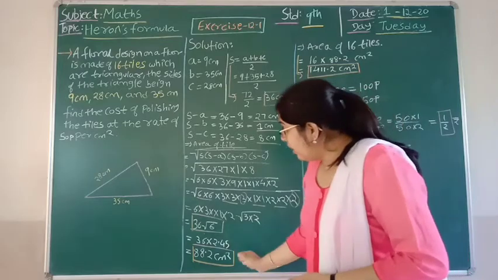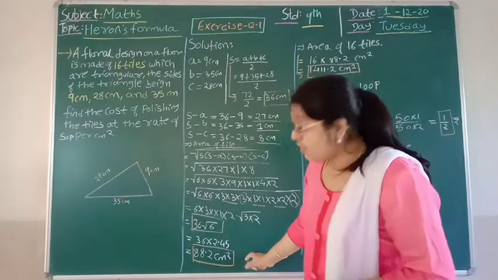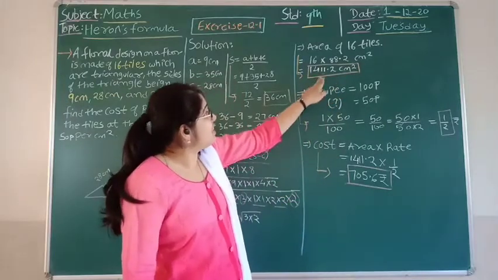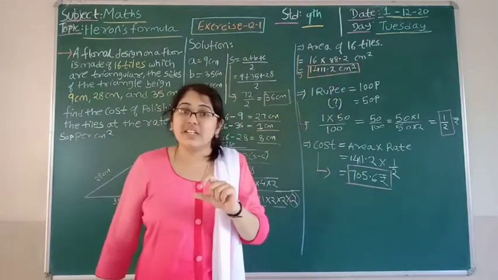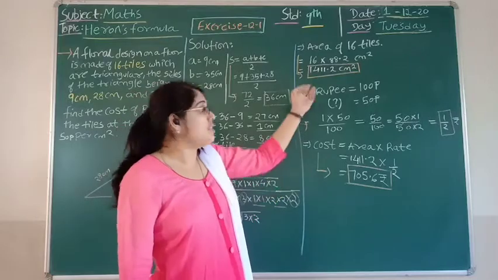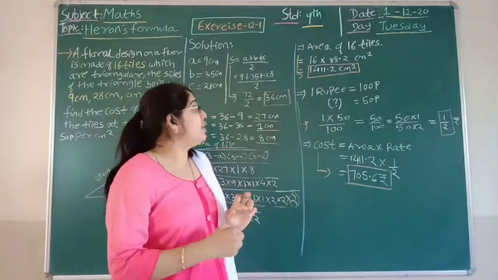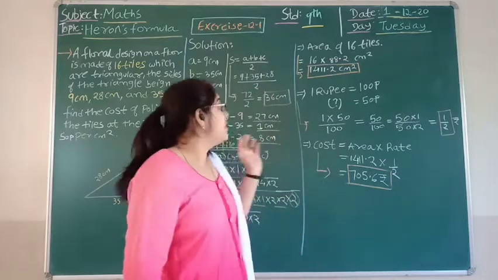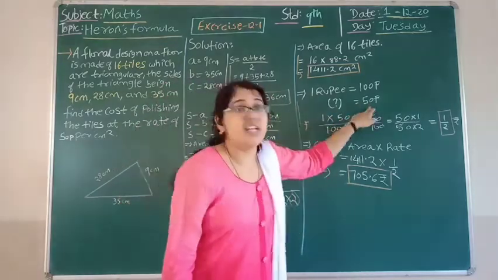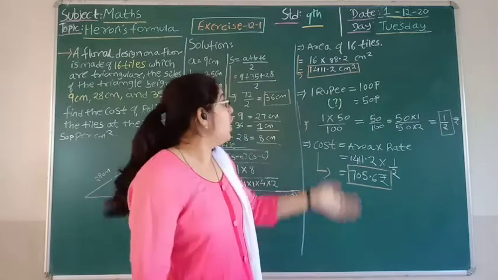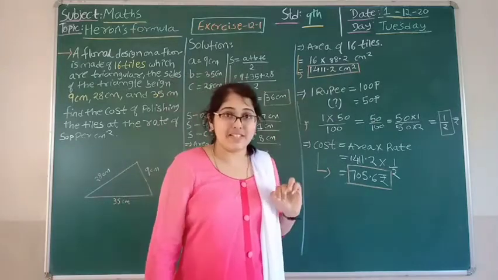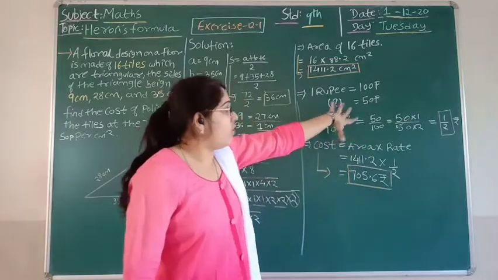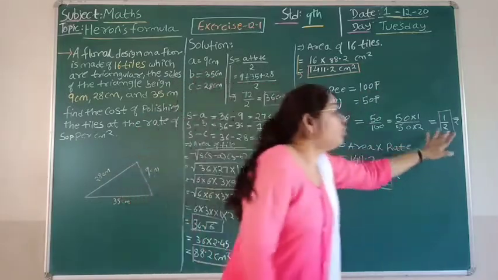And then we found the area for 16 tiles. We just multiplied 16 into the area of a single tile. It is nothing but equal to this value. After that we need to find the cost of polishing the tiles. So we converted this paise into rupee, and we know that 1 rupee equals 100 paise, so what will 50 paise be? Solving all of this, we get 1 by 2 rupee.